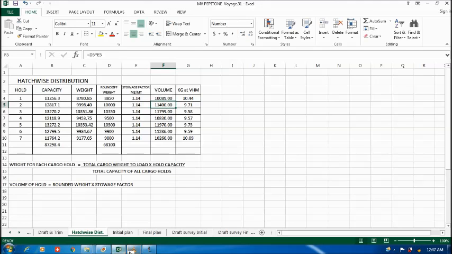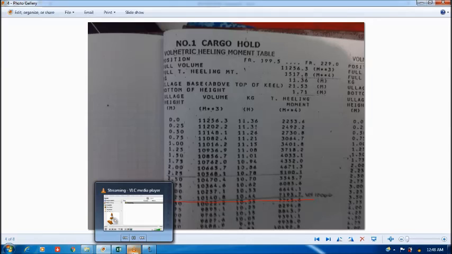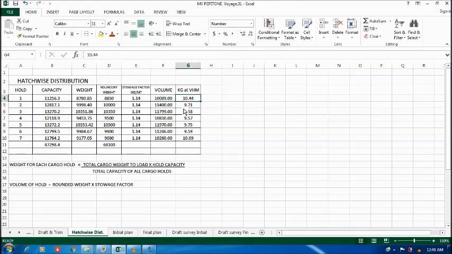I just drew a line here to make it easy to see. The nearest value to the volume 10,089 is 10,140. And looking parallel to it, the KG in meters is 10.44. That's why we get 10.44 meters for KG at cargo hold number 1 volumetric heeling moment.